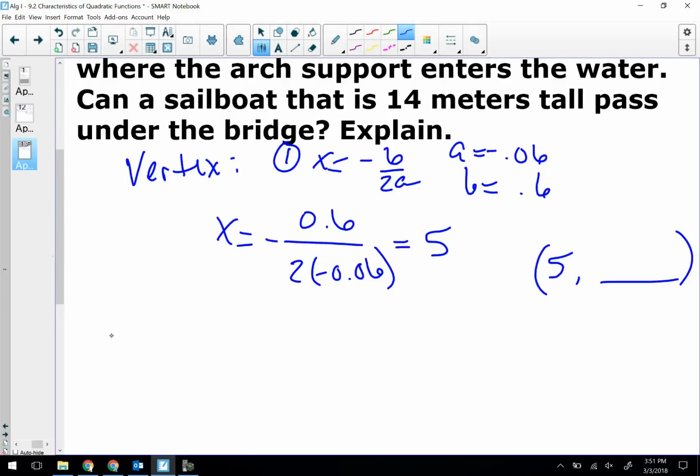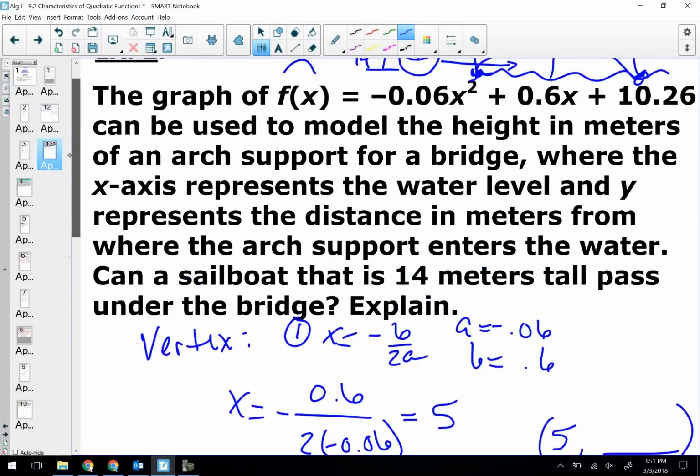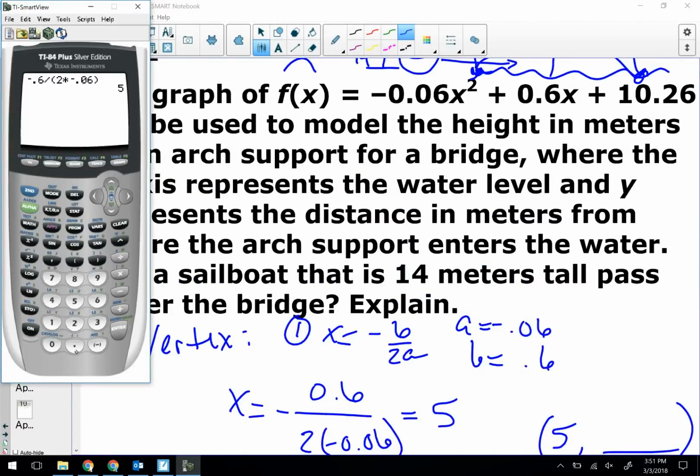So let's see, what comma something? Plug that in. It's negative 0.06 times 5 squared plus 0.6 times 5 plus 10.26. Let me just double check that I've entered this correctly. Negative 0.06 times 5 squared plus 0.6 times 5 plus 10.26. Good.